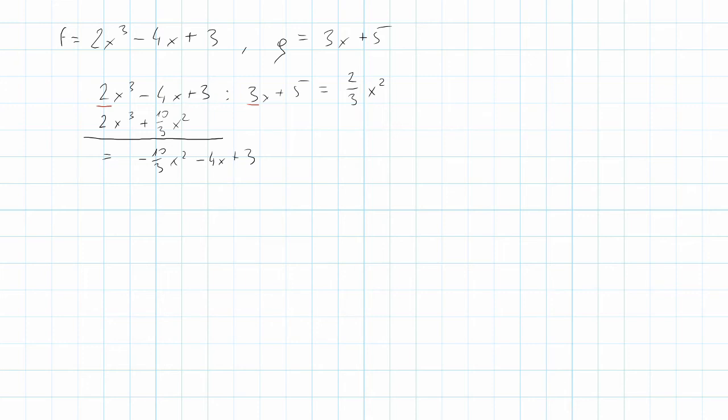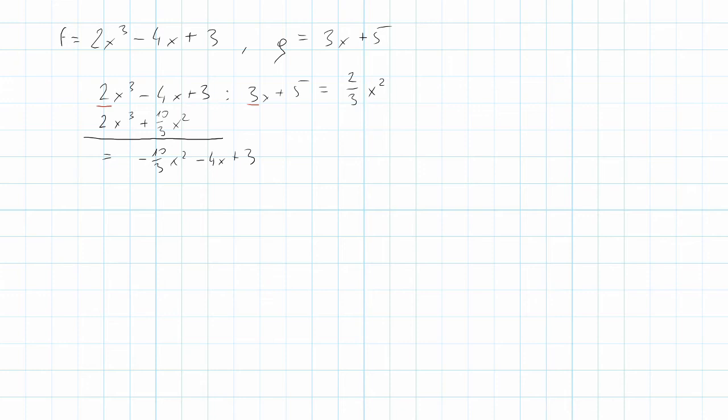Okay, the candidate for the remainder is the polynomial down here, and its degree is 2, so it's quadratic, so it has a degree greater than g, so we must repeat our step.